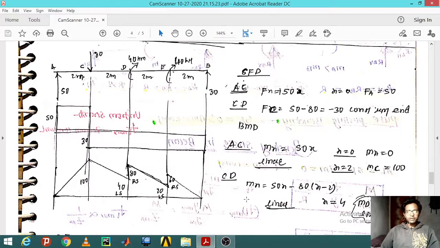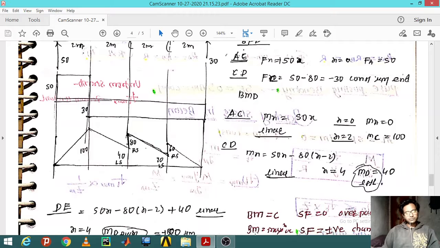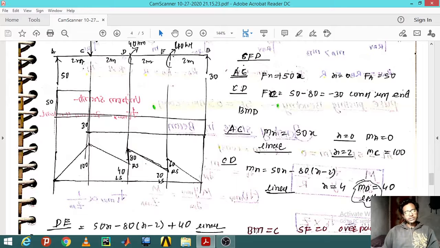Now, if you want to find out the bending moment for this, firstly we have to think about the nature for AC. So you take x distance from any random cross section in AC.